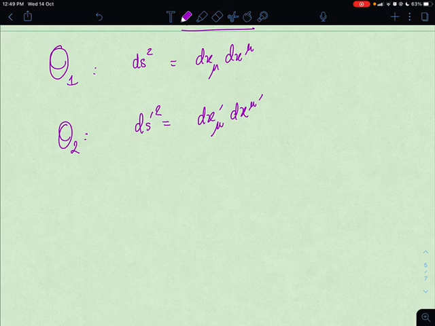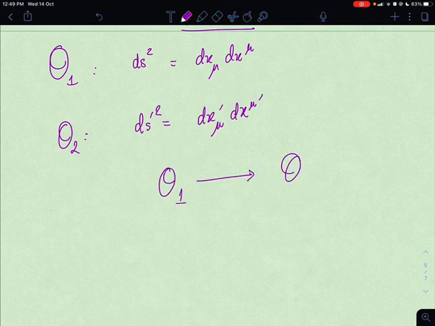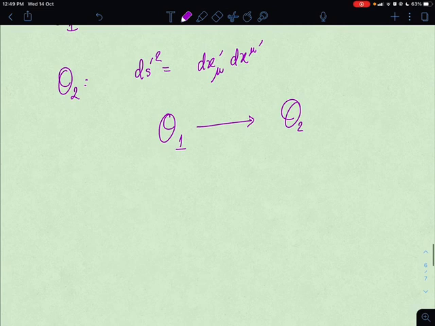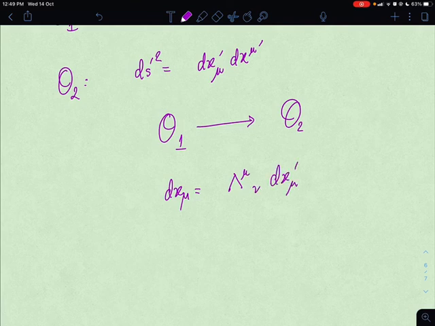So the most general way we can write any four-vector transformation is in this fashion. To go from O1 to O2 is given by a Lorentz transformation, dx mu is equal to lambda mu nu dx prime nu.